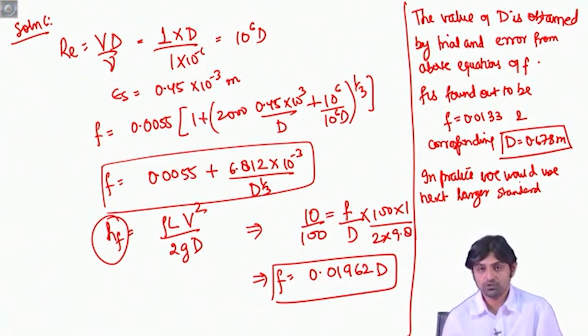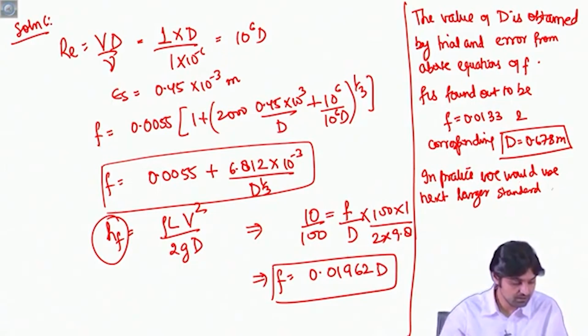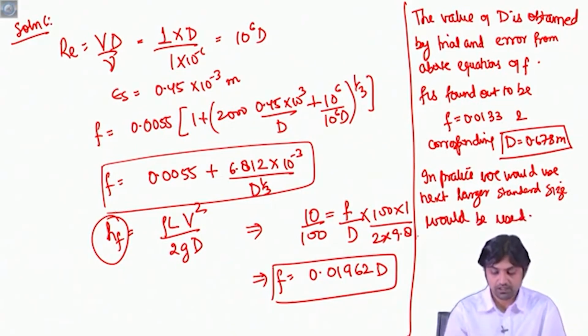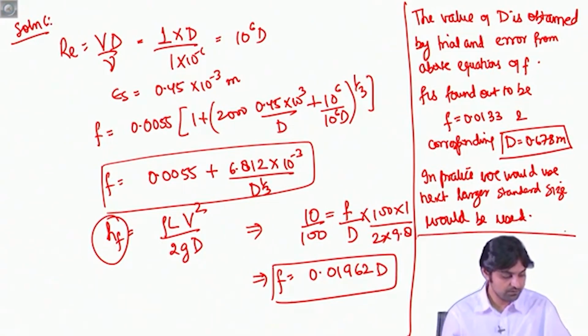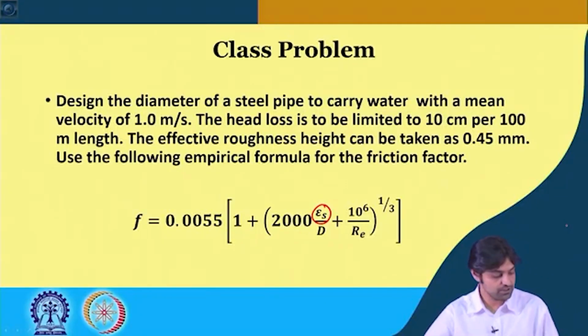So we are not going to use 0.678, but the next higher size available. So this concludes this particular question.